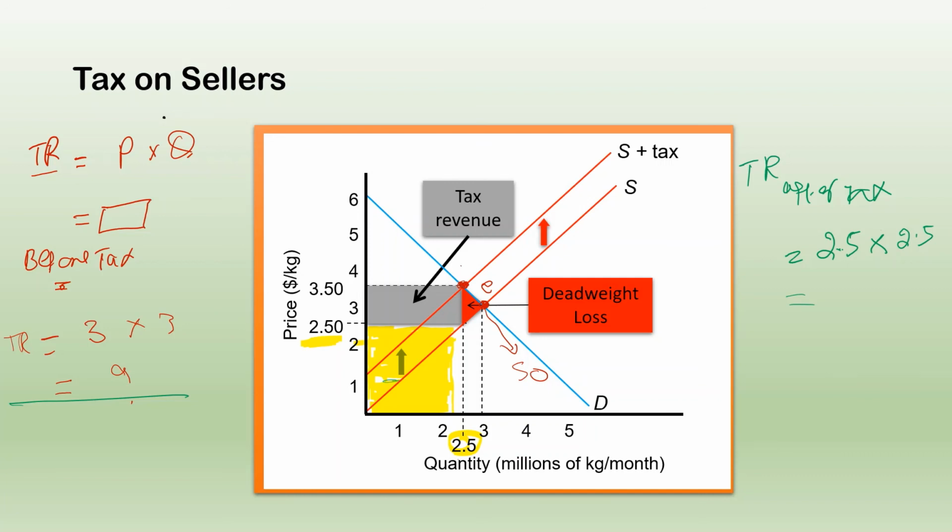Okay, so it is going to be 6.25 million dollars. So this is the way how you can calculate the revenues for the seller before and after tax.